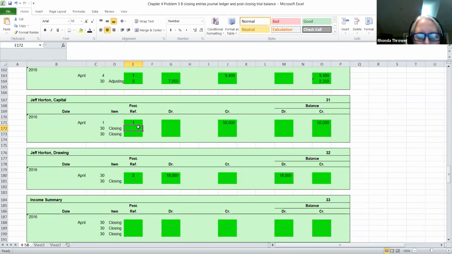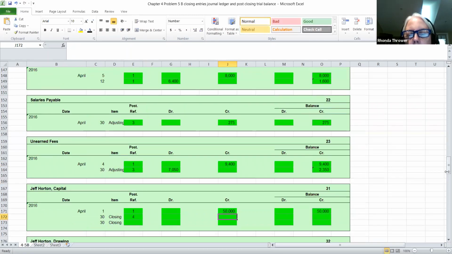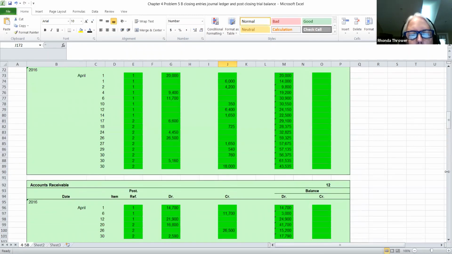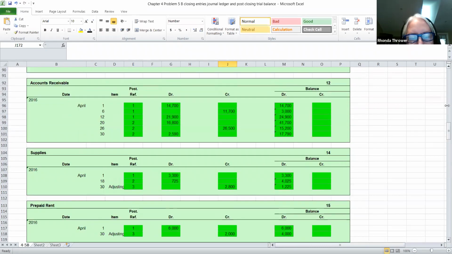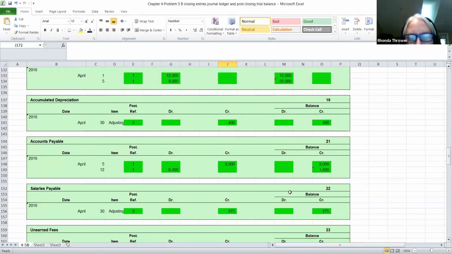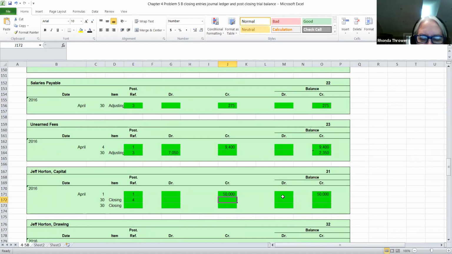I'm going to put in the page number, which was page number 4. I'm going to credit my capital. Remember that we credited our capital in the journal for $53,775. I'm going to credit my capital for $53,775.